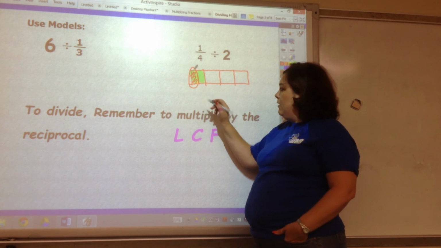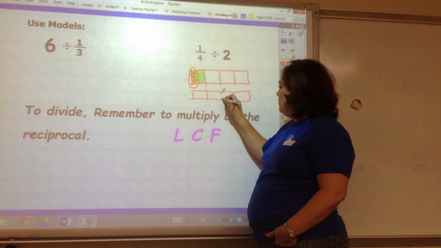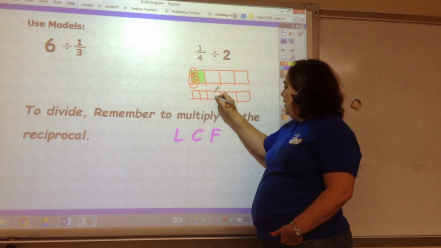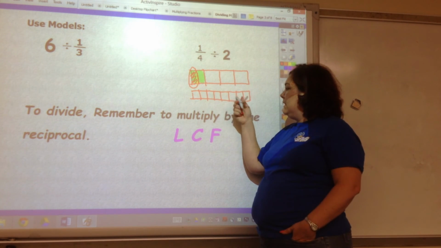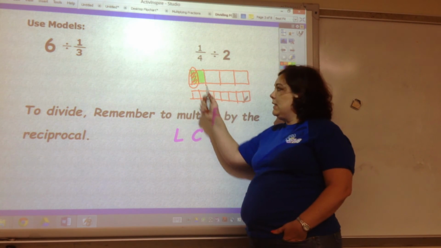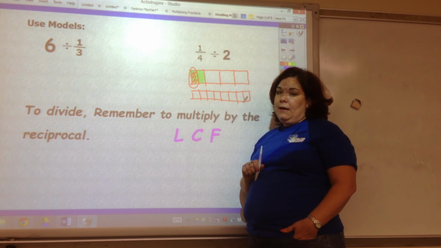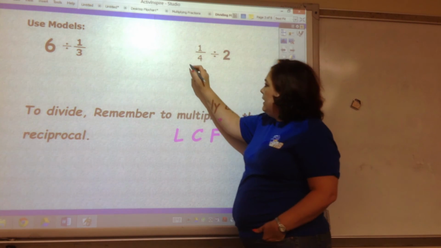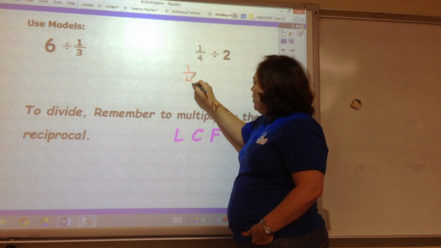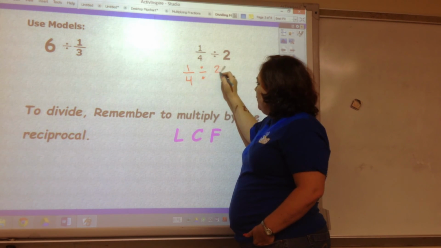Well, if I drew my equivalents, it would be 1, 2, 3, 4, 5, 6, 7, 8, 8 parts, and I have 1 out of 8 parts is my answer. And if I do this mathematically, I have 1/4 divided by 2 over 1.